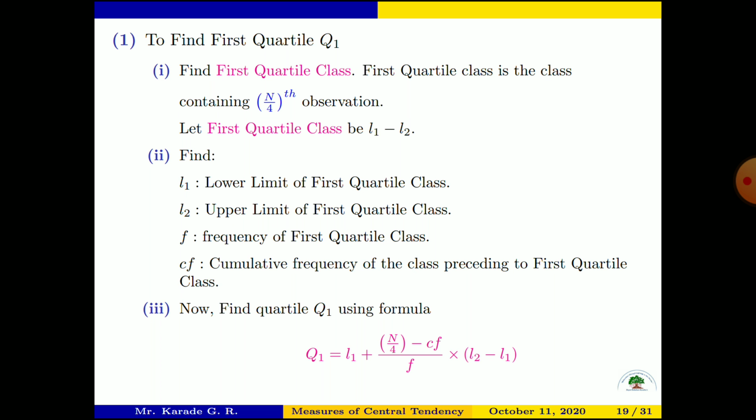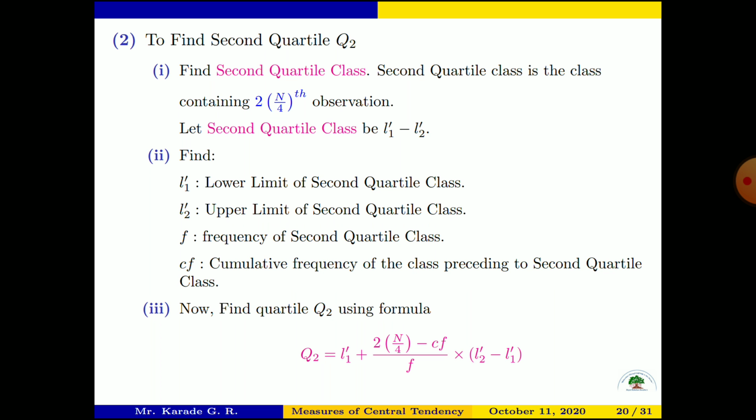Once again, see how to read this formula: Q1 is equal to L1 plus (N by 4 minus cf) whole divided by f into (L2 minus L1). So these are the three steps to find the first quartile Q1.